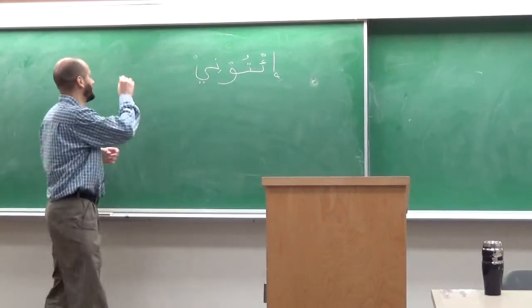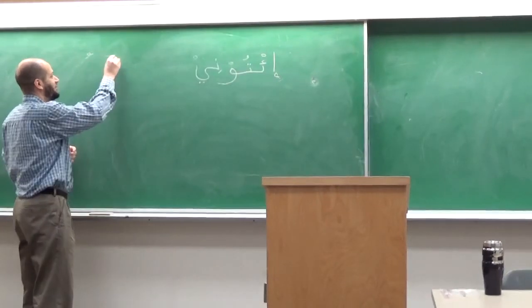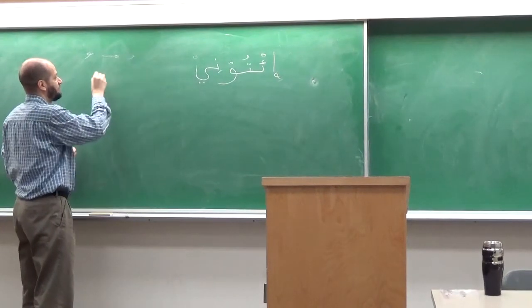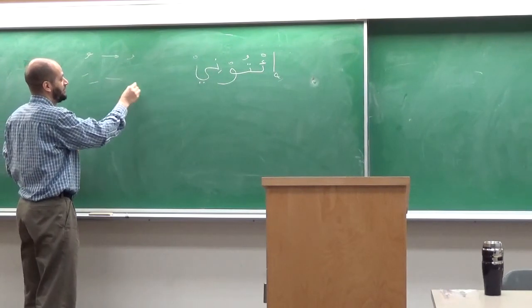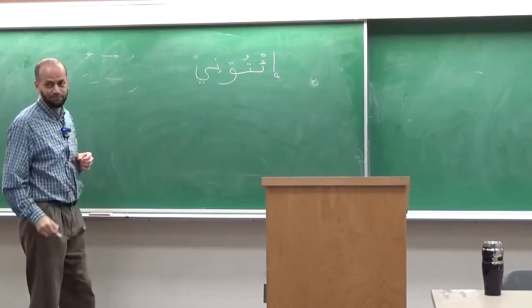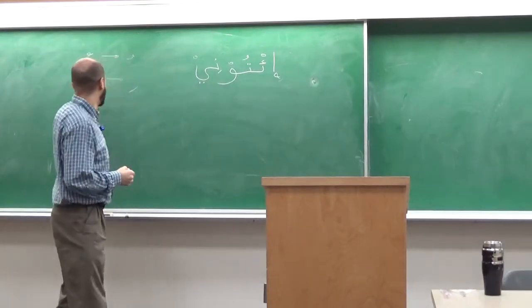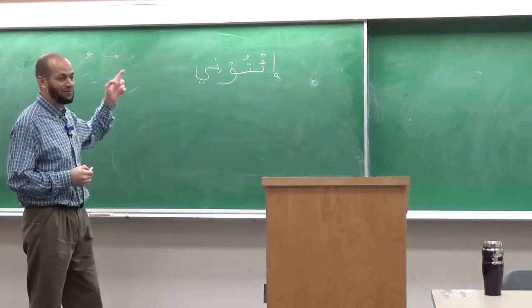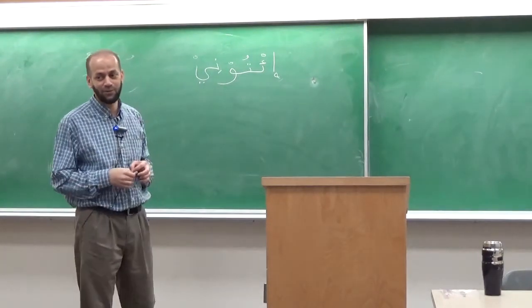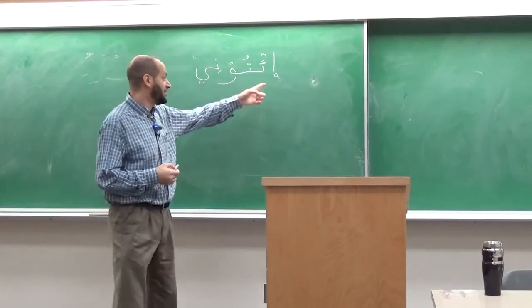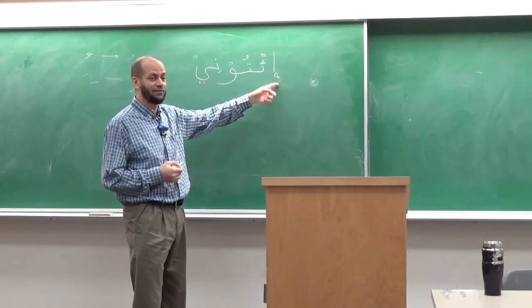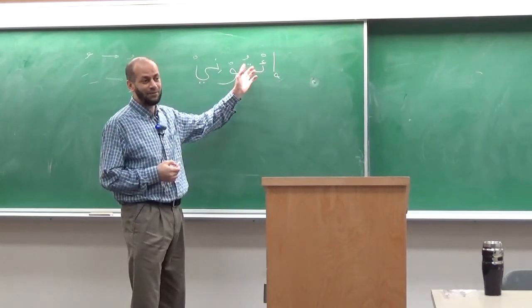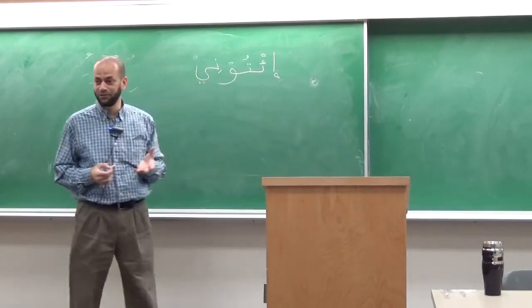You remember what I wrote last time? A dhamma will give you a dhamma, and a fatha or a kasra will give you a kasra, right? So a ya will give you a ya, and the waw will give you a waw, or a dhamma will give you a dhamma. So here, we were supposed to have a dhamma. Why do we have a kasra? We have a kasra because this dhamma is not original.